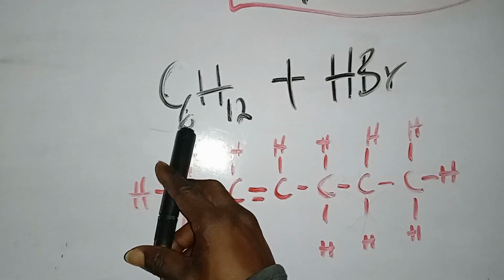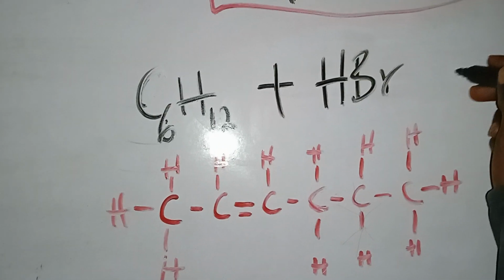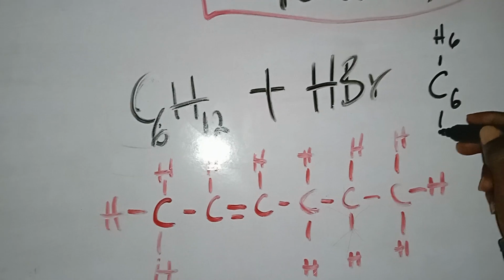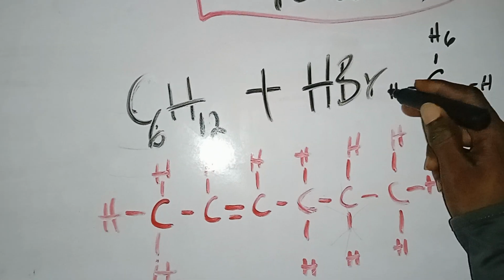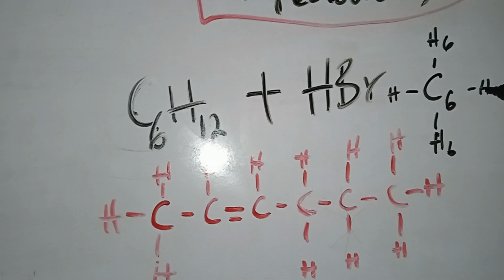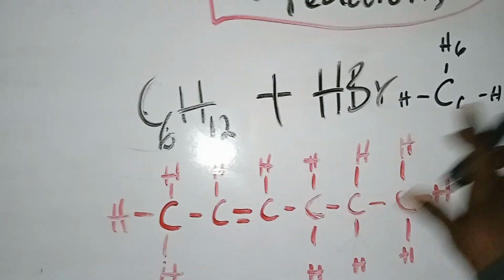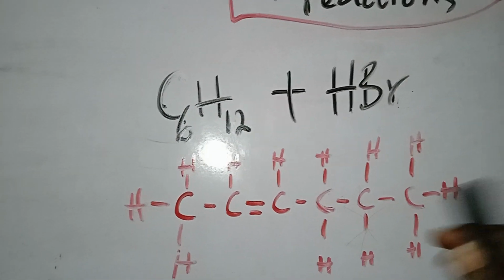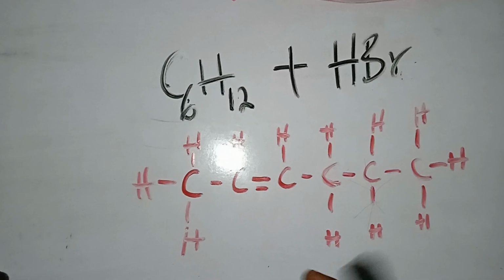Now, you come here and check. You see that this is 6 carbons, supposed to have 6 hydrogens up, 6 hydrogens down, 1 to the left, 1 to the right, which is 12 plus 13 plus 14. But since the hydrogen here is not complete, automatically you know it's an alkene. Once you see this, you don't need to draw it, but I've drawn it for the sake of teaching you.